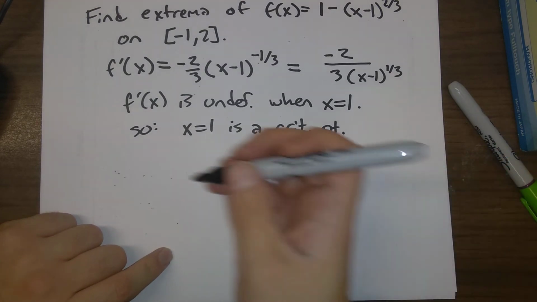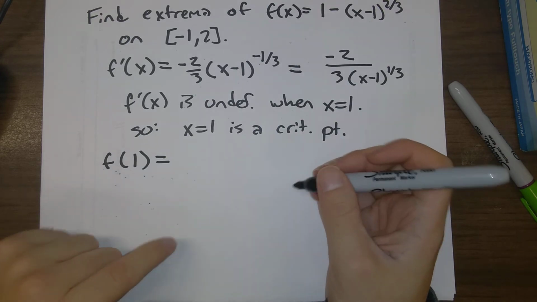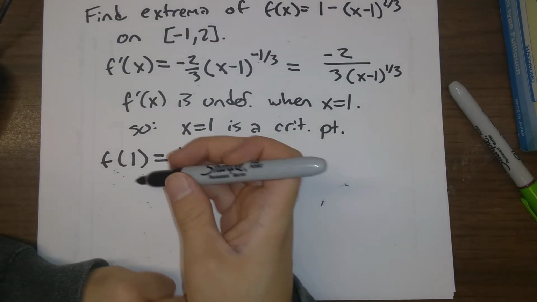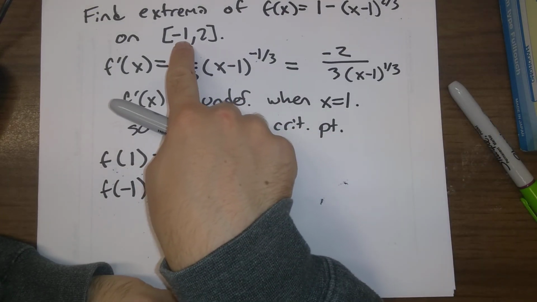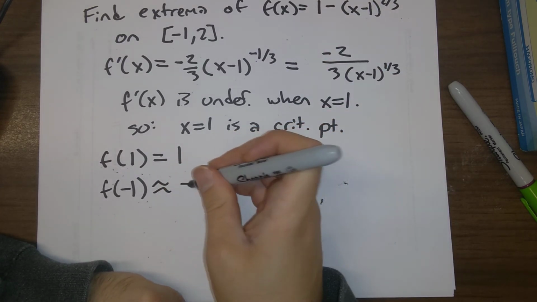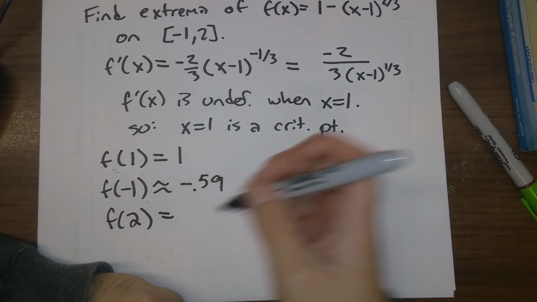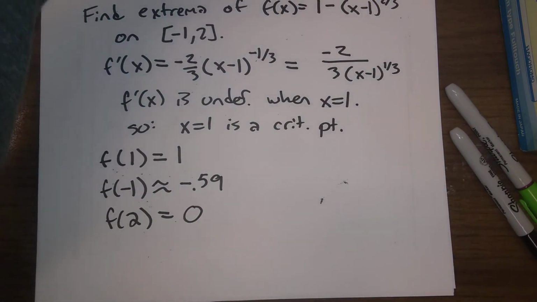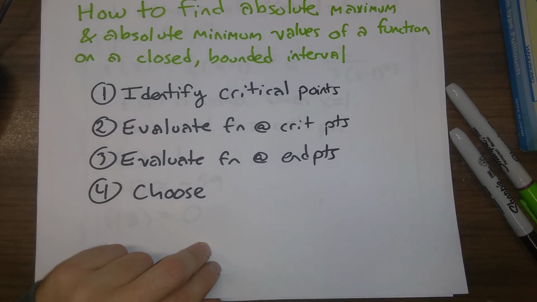So what do we end up with? f(1) is, plug in 1 up here, we get 1. And we plug in -1 here, so that's our first endpoint. Plug in -1, it's about -0.59. And we plug in 2 up here, we end up with 0. So we have evaluated the function at a critical point and at the 2 endpoints.